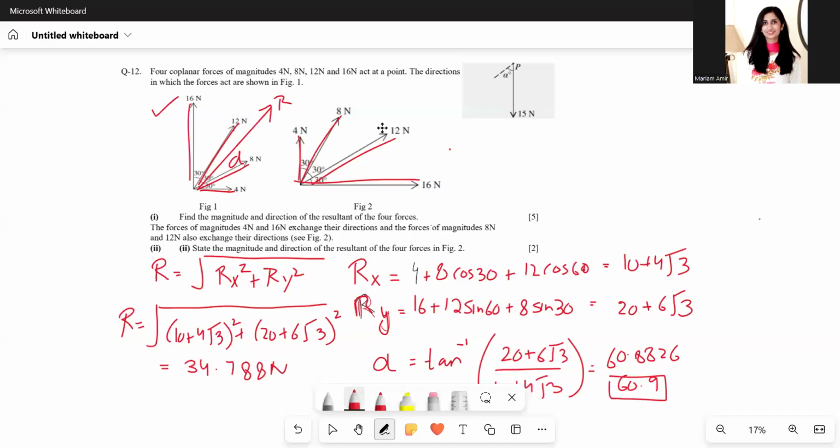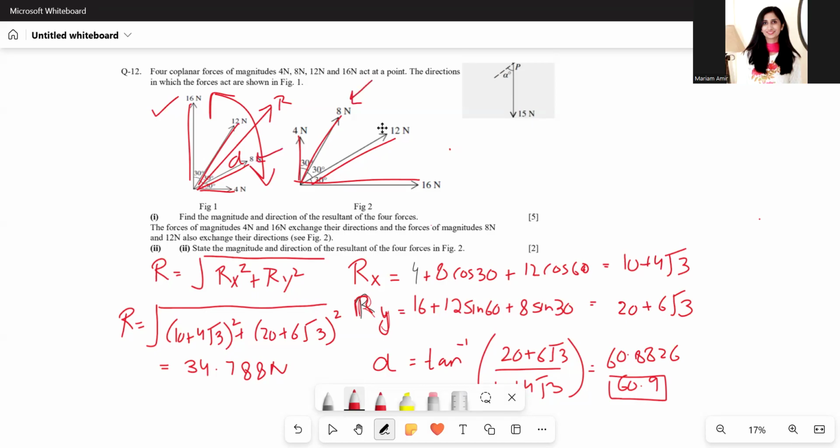So it has completely rotated, or you can say flipped in this direction. So 4 Newton was originally horizontal, now it's vertical. 16 was vertical, now horizontal. And the 8 Newton force was originally here, now it's above the 12 Newton force.